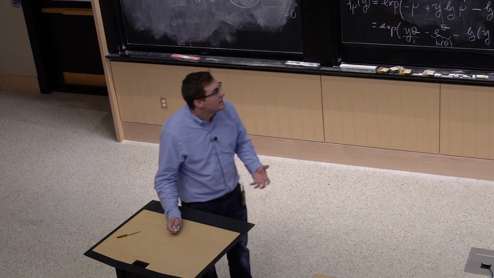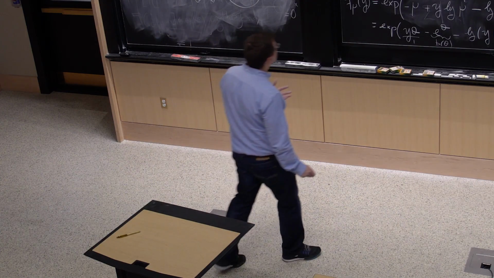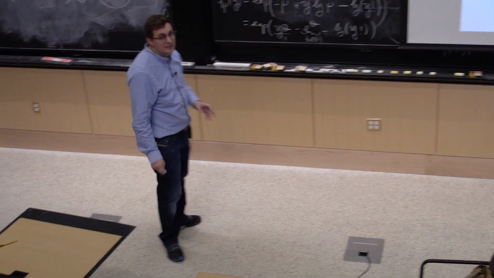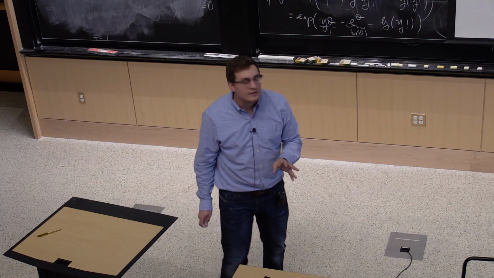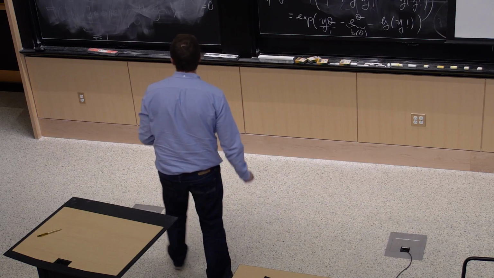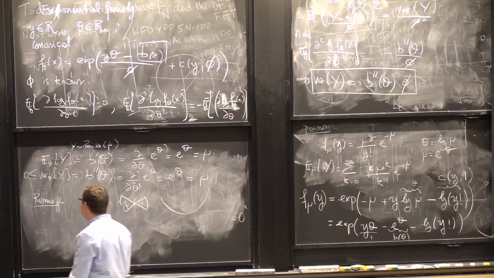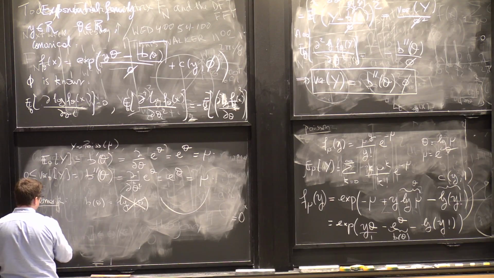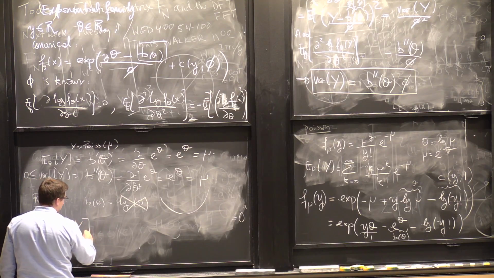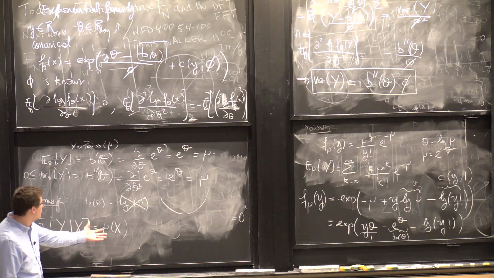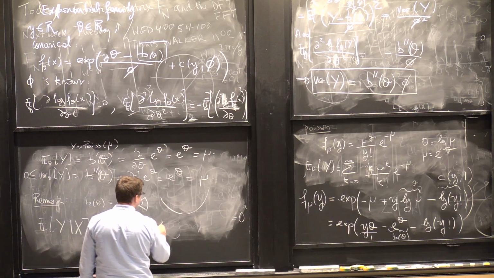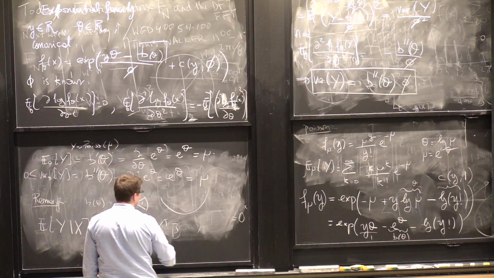What I know is that the conditional expectation of y given x is some mu of x, right? And when we did linear models, we said this thing was some x transpose beta.